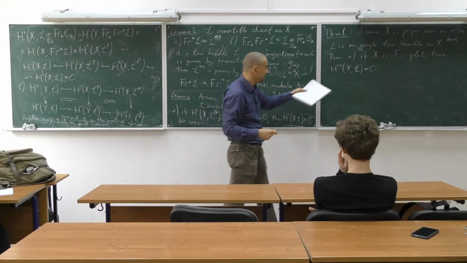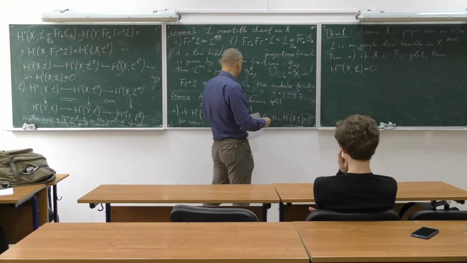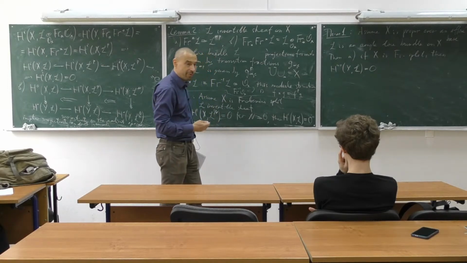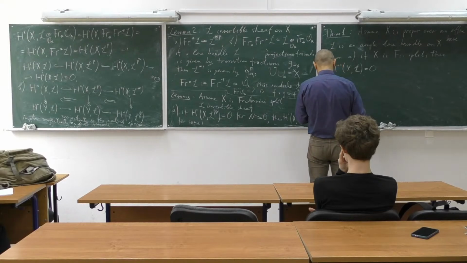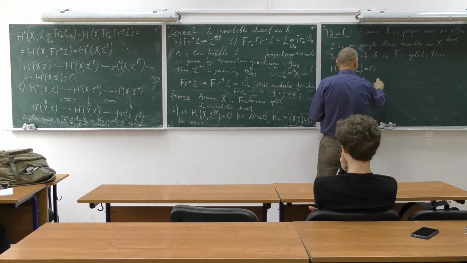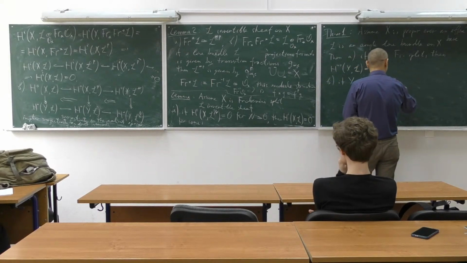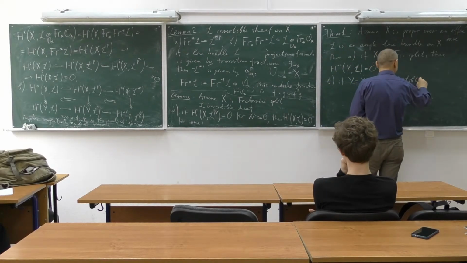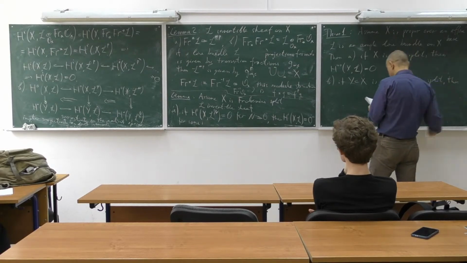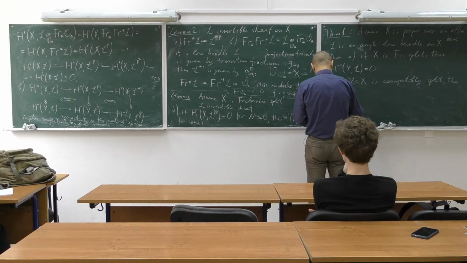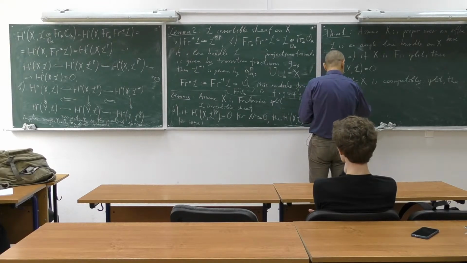If you take a high enough power, they do vanish, but we know that the original cohomology are direct summands of this high enough power cohomology. And second, if Y in X is compatibly split, then at the level of zero cohomology, global sections, we have a surjection.